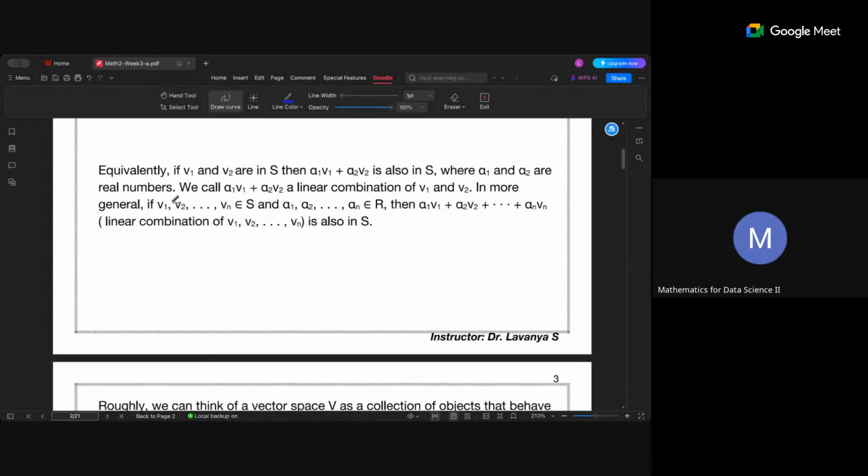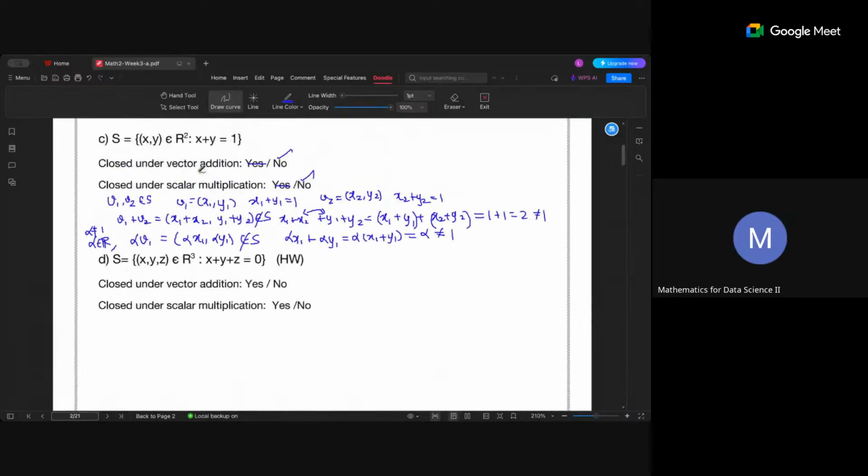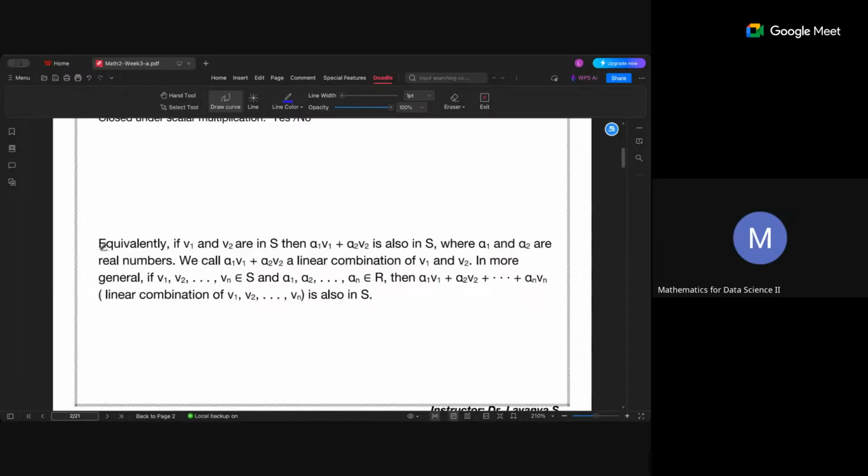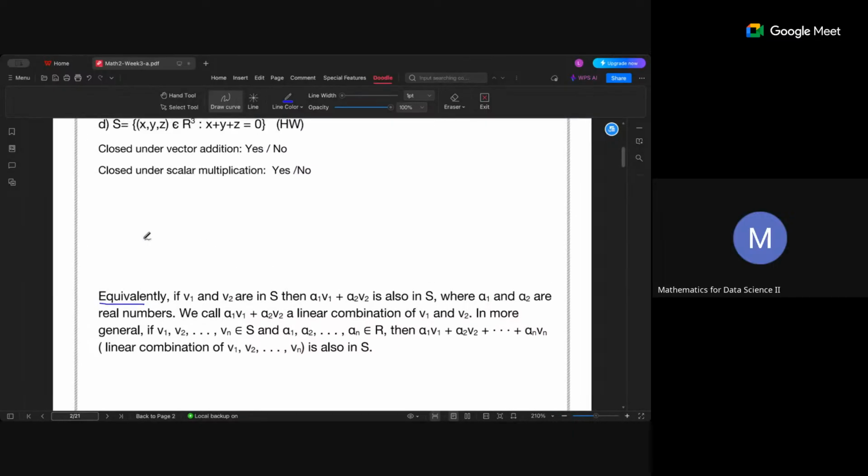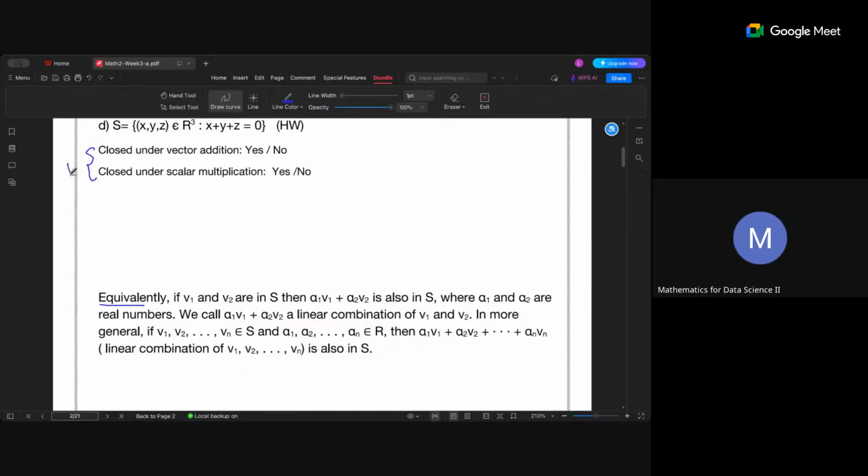Okay, so now we saw these two conditions, right? Equivalently, these two conditions together are equivalent to this: if v1 and v2 are in S, then alpha 1 v1 plus alpha 2 v2 is also in S. So we are combining the addition and scalar multiplication in one step here.